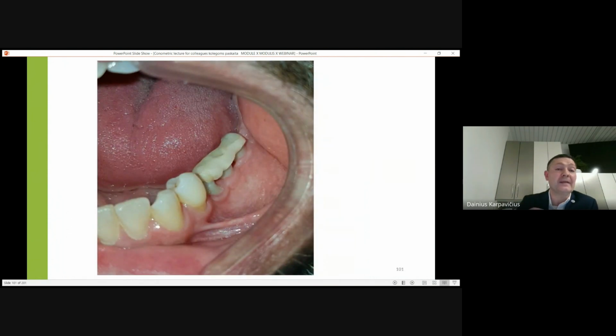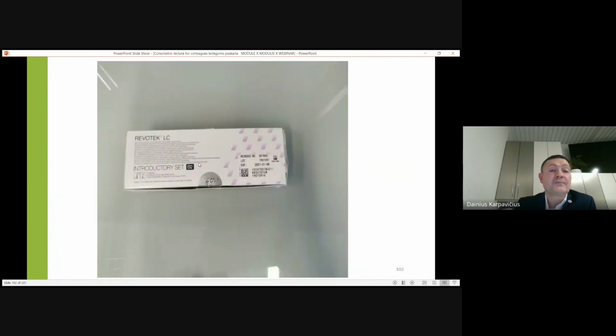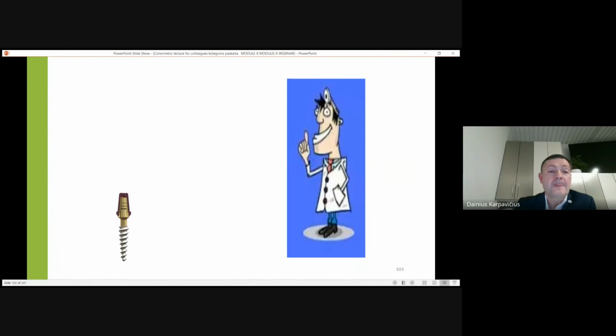This has to be done in time of surgery, not after a couple months, but in time of surgery, everything has to be prepared. Here, for example, a zirconia conometric gingiva formers. Well, I see that additionally might be a composite with a splint on top of it, splint material.